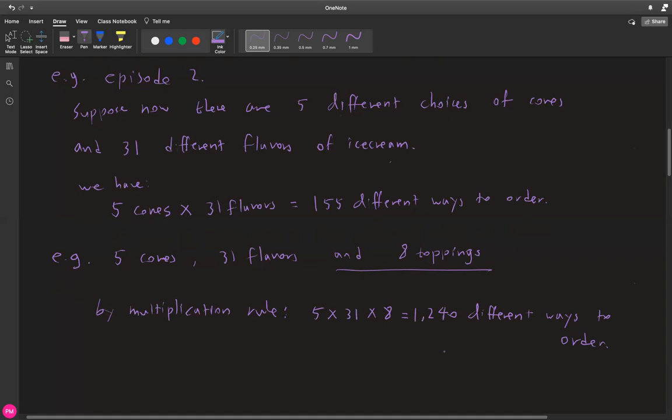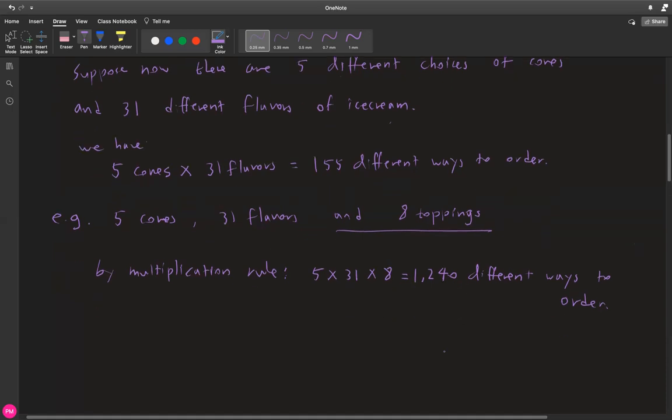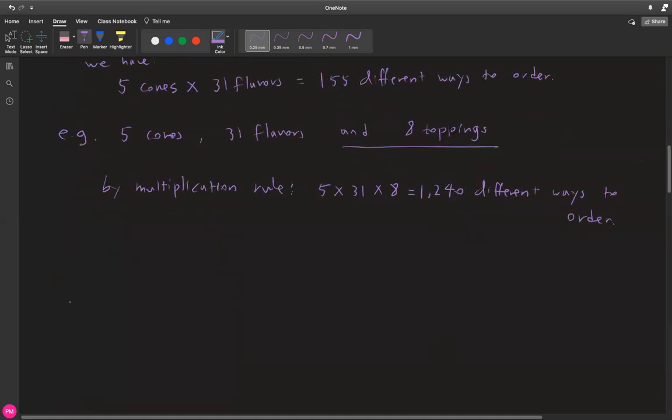So let's now look at something different. Let's say a new example.